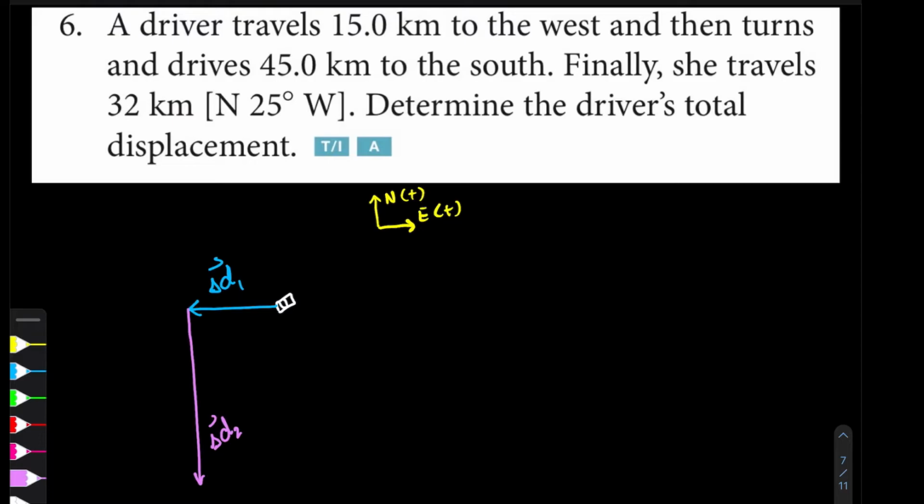And finally, she travels 32 kilometers, and the direction is starting from north, 25 degrees to the west. So let's get the angle first. This is 25 degrees north, 25 degrees west, and that's a displacement of 32 kilometers. We can call this delta D3.